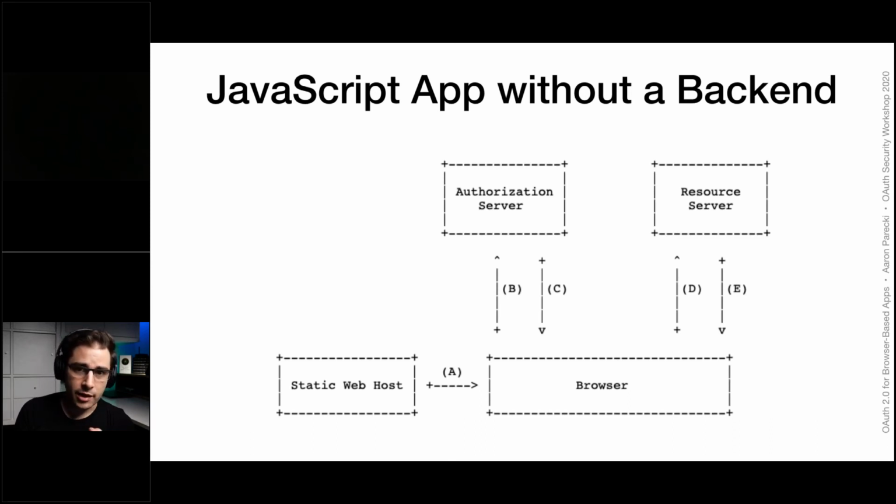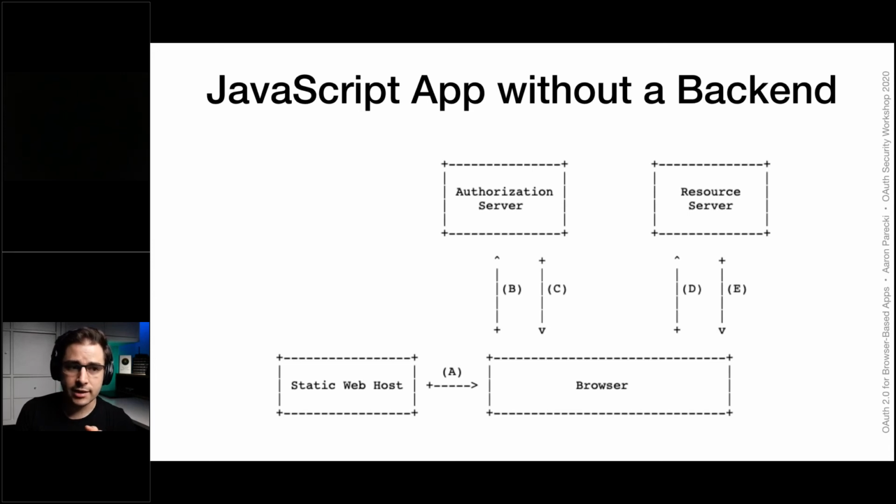But the idea here is that it is completely reasonable now to actually do PKCE in a JavaScript environment. It's not that much code. So if you don't have an application server available to you that can be your proxy OAuth client, this is what you do instead.